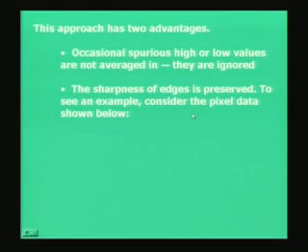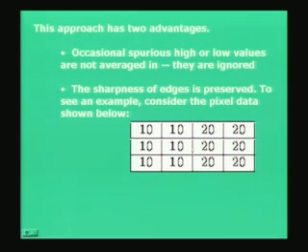To see an example, let us consider the pixel data as shown below, which will illustrate what I mean by sharpness of an edge. This is an edge, where the pixel values to the left of the edge, I am drawing the edge in the vertical direction here, are certain constant values, and to the right they are different, and I want to preserve that. Now if I do a 3 by 3 averaging around these pixels, this 10 value will go up, the 20 value will go down, and the sharpness of the edge will not exist anymore.